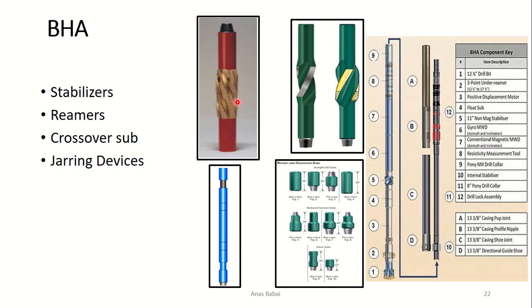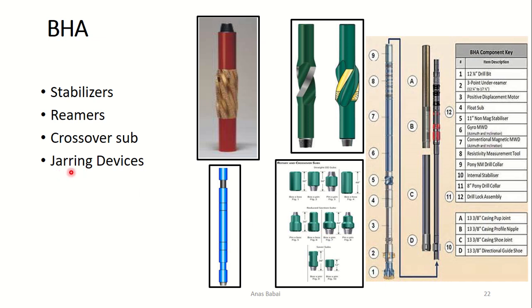The reamers are to clean the borehole from the edge of the borehole. The crossover subs are a type of connecting equipment in order to connect different tools with each other.